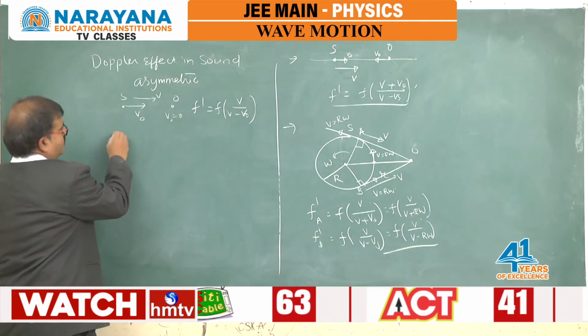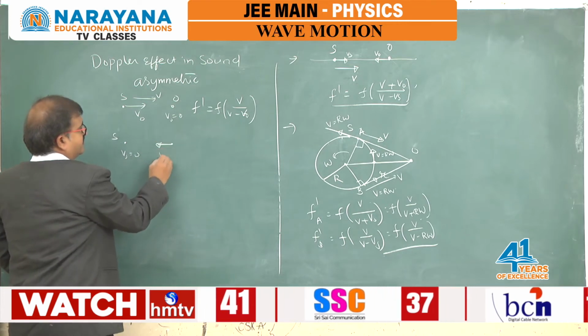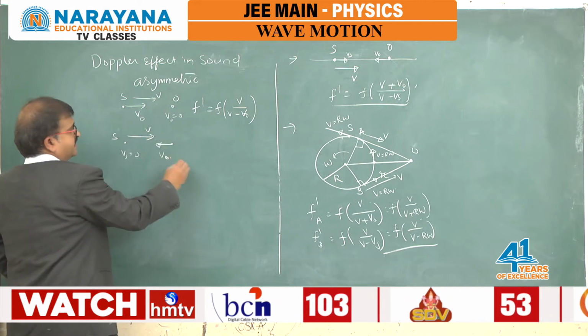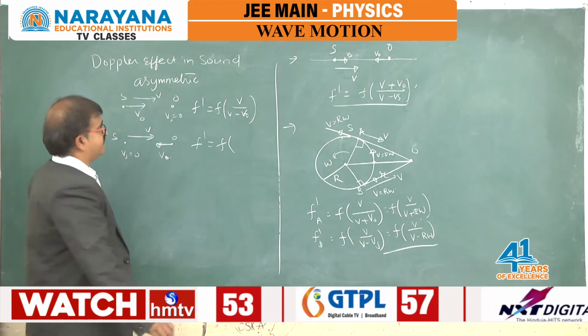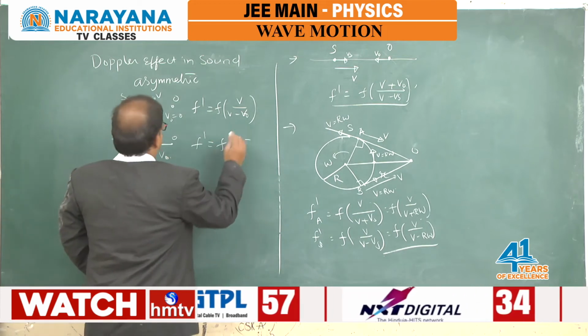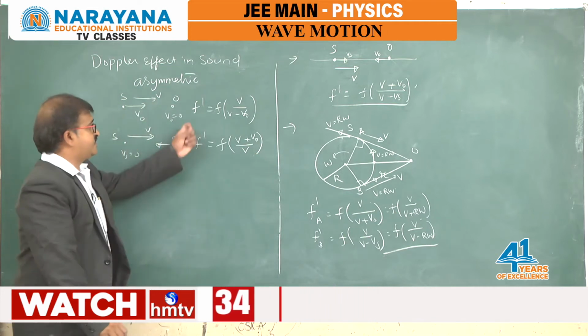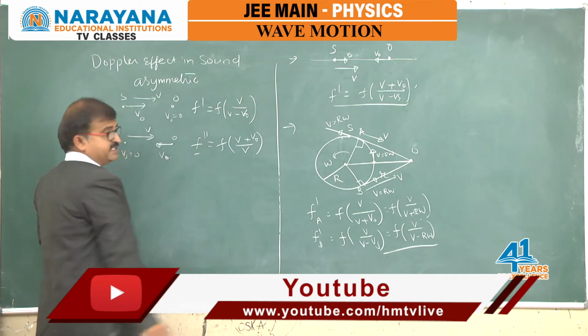And when the source is at rest and the observer is approaching with the same velocity as the source earlier, where v is the velocity of sound, in this case f'' equals f times (v + v₀) by v. So these two frequencies will not be the same. That's why this can be taken as f''.